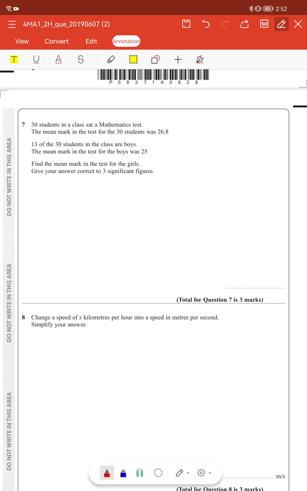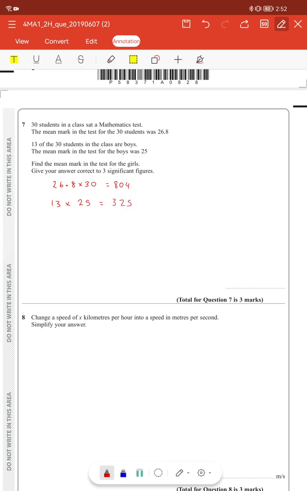So we can find the total mark, which would be 26.8 times by 30 is 804. And the total mark for the boys would be 13 times 25, which would be 325.